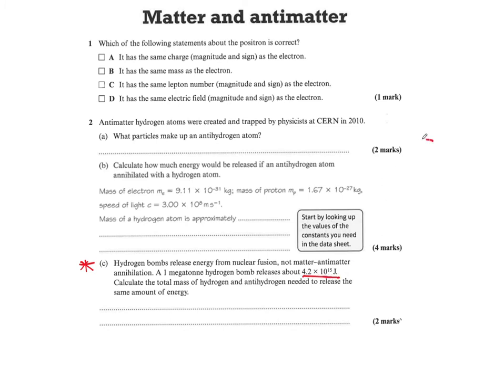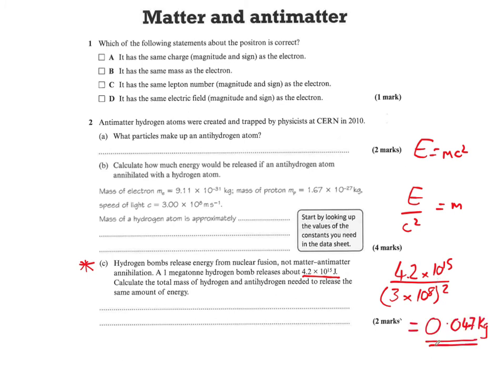Using E equals mc squared and rearranging, E over c squared gives the mass equivalent of 4.2 times 10 to the 15 divided by (3 times 10 to the power 8) squared, which gives an answer of 0.047 kilograms.